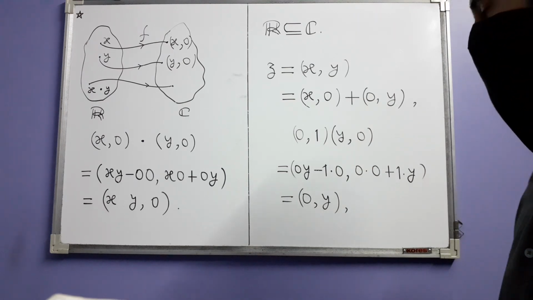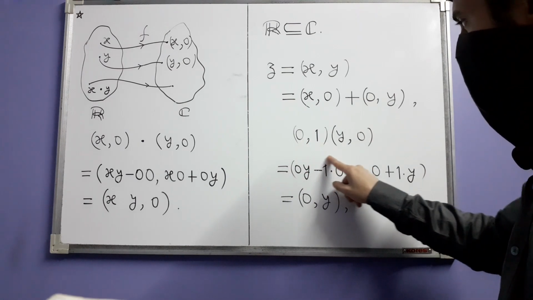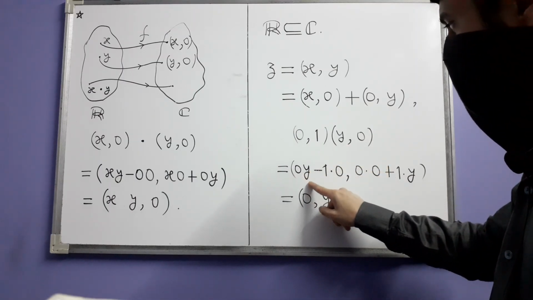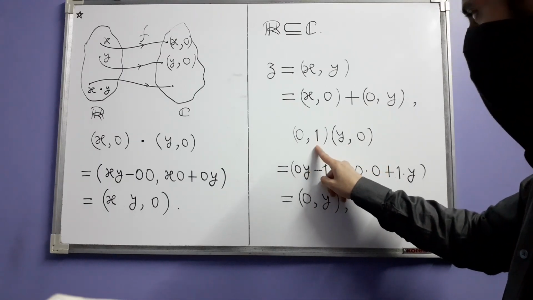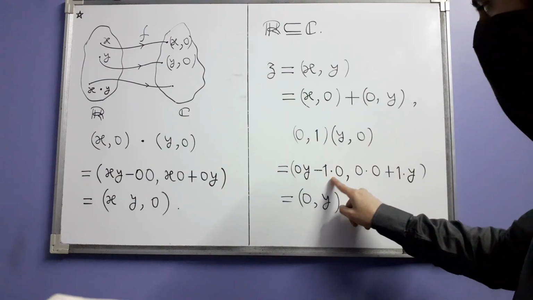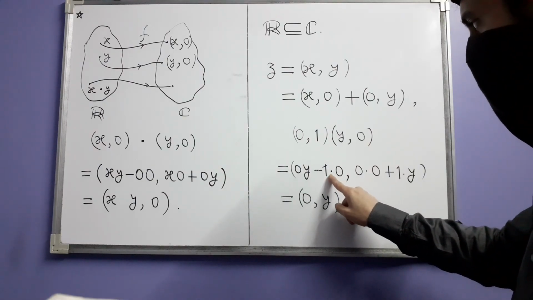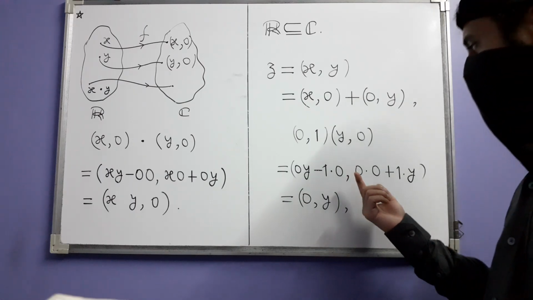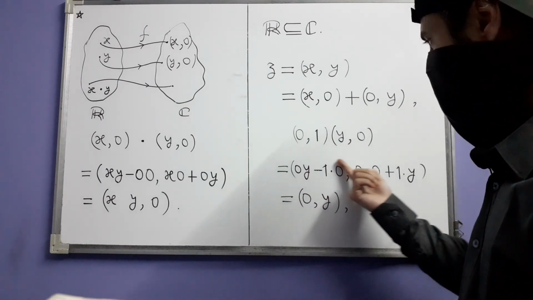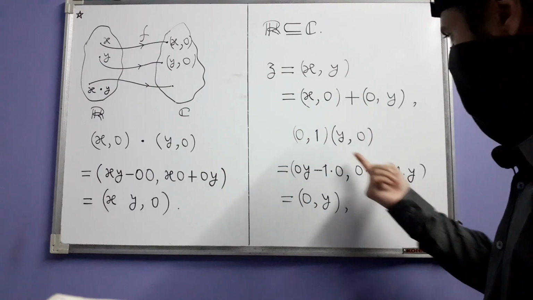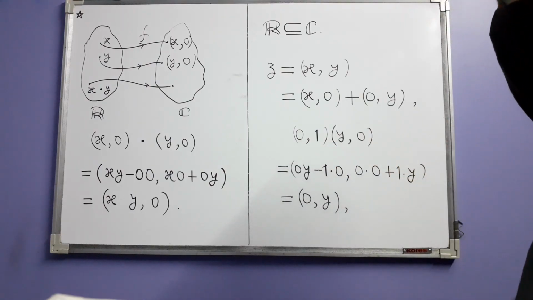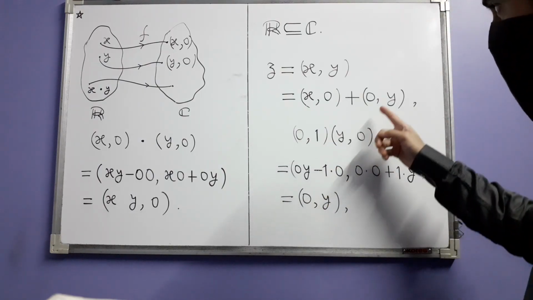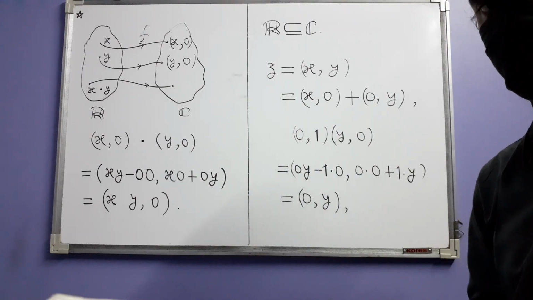So what shall we get? The product of the real parts, which is 0 times y, minus the product of the imaginary parts, 1 times 0. I used a dot here, otherwise it would look like 10. And then the second coordinate is real part times imaginary part plus imaginary part times real part. So you see that this is just this 0, y.